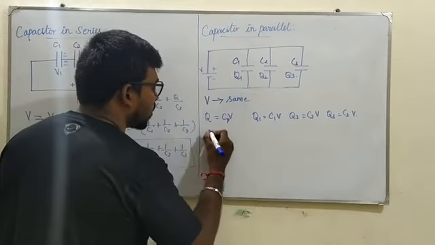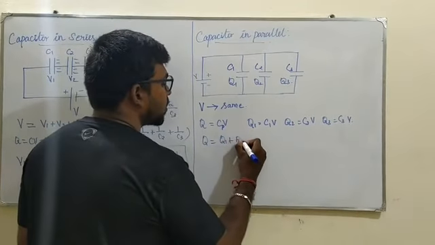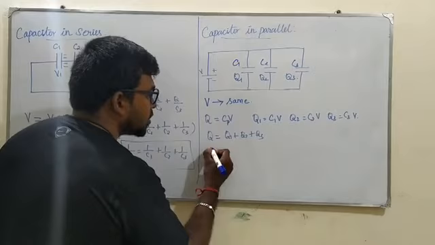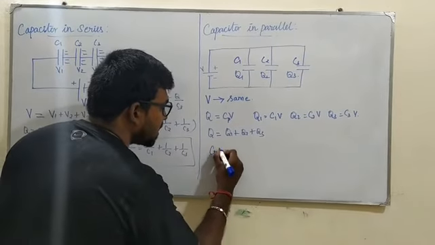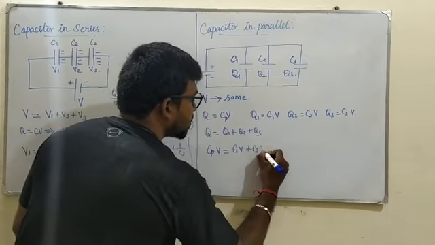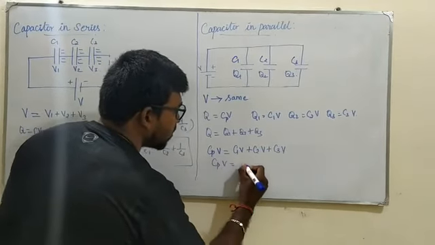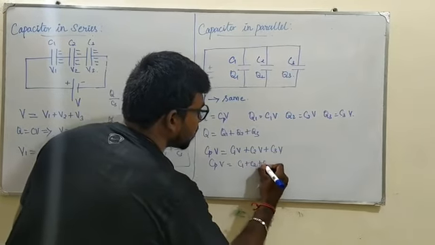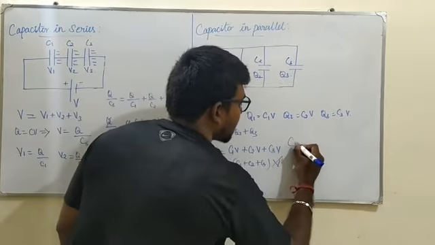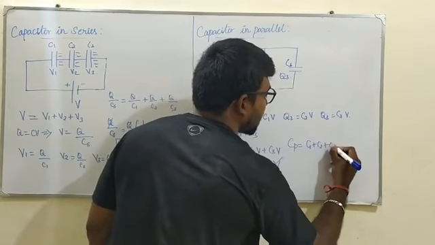The total charge can be written as Q is equal to Q1 plus Q2 plus Q3. Substituting all these values, Q can be written as CP V is equal to C1 V plus C2 V plus C3 V. So CP V is equal to C1 plus C2 plus C3, into V. So the equivalent capacitance is equal to C1 plus C2 plus C3.